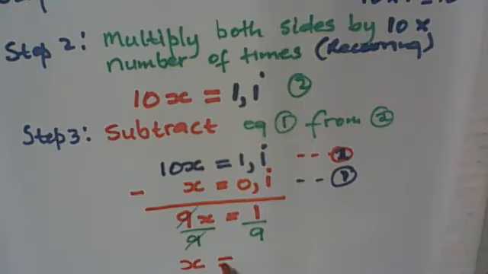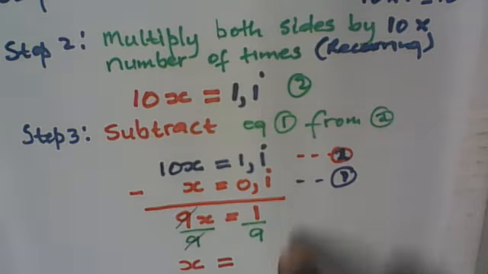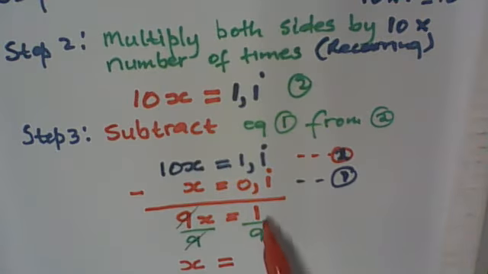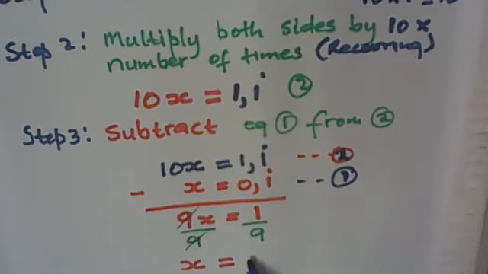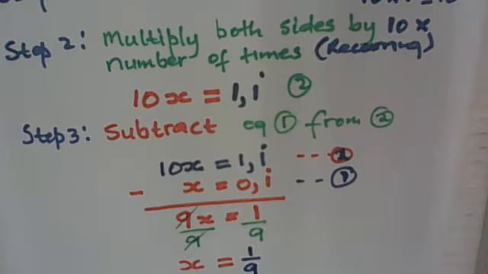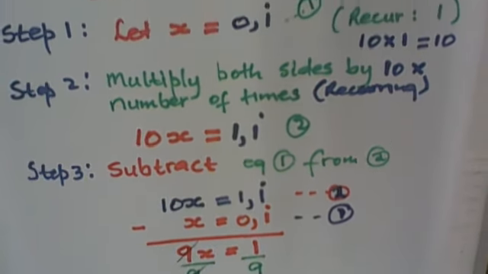X is equal to, on that other side, wow, this is a fraction, a numerator and a denominator. Oh my goodness. This is 1 over 9. But we were supposed to get 0.1 recurring. Here I have x. Oh, let me go back.